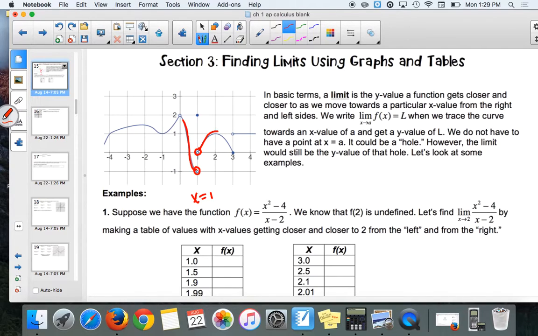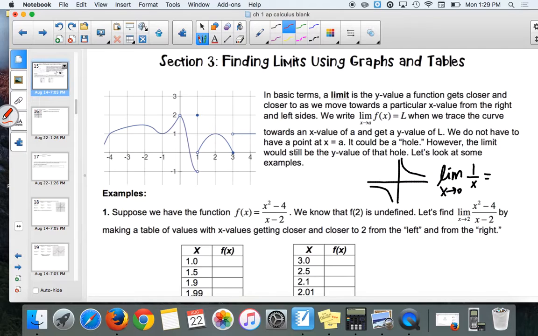Does that make sense? You guys talked about Mean Girls the other day. Do you remember the Mean Girls example? In her little math club, she has 1 over x, and they ask, what is the limit as x goes to 0 of 1 over x? Let's think about it. As I approach with my right hand, getting closer to x equals 0, what y value do I get closer to?